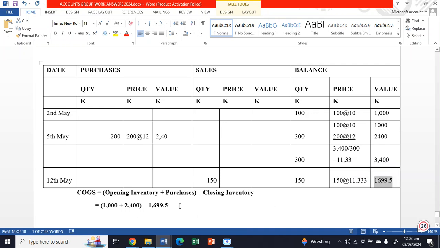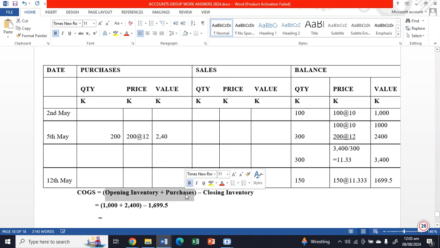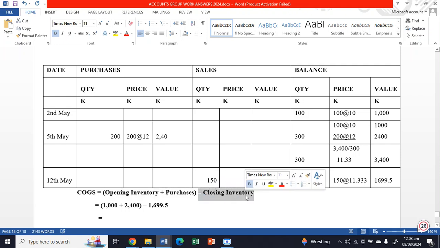To get the cost of goods sold, again, the total cost of goods available for sale, which is the opening inventory plus purchases, minus closing inventory. So the total cost of goods available for sale is 3,400 minus 1,699.5.